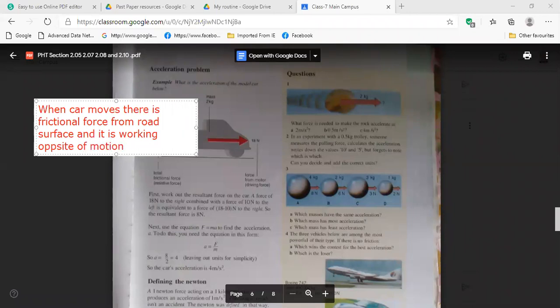So you remember it, always frictional force works opposite of motion.